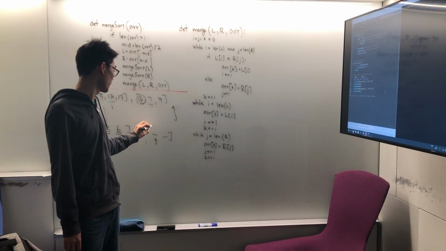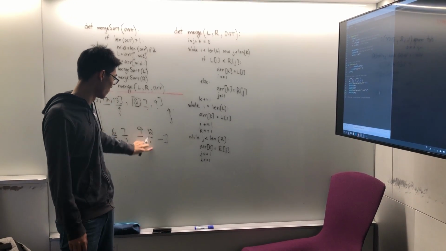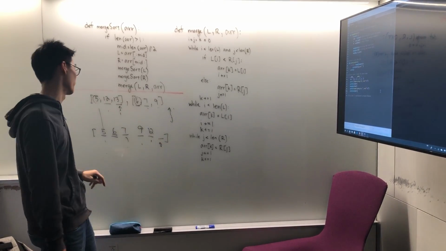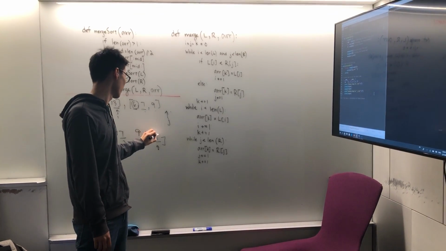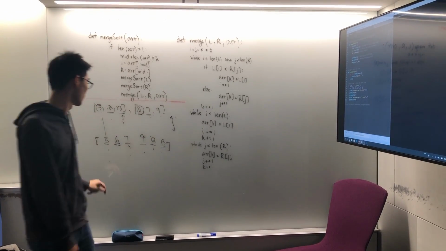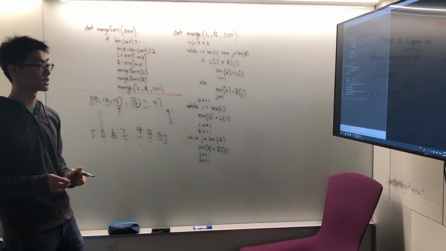So put it in, move to the next one, and move to the next one, and it would just copy the remaining values of the left array over here. And then you'll see that we arrive at a sorted list.